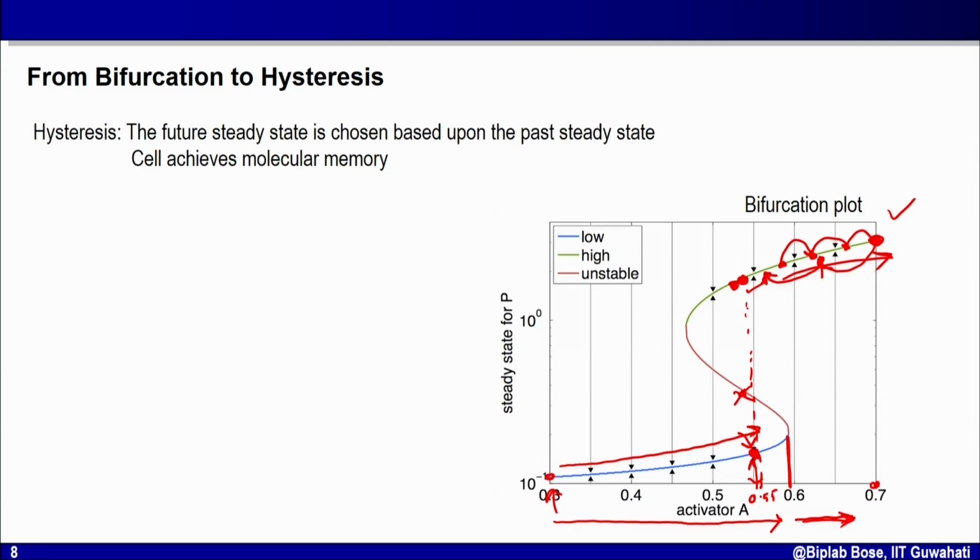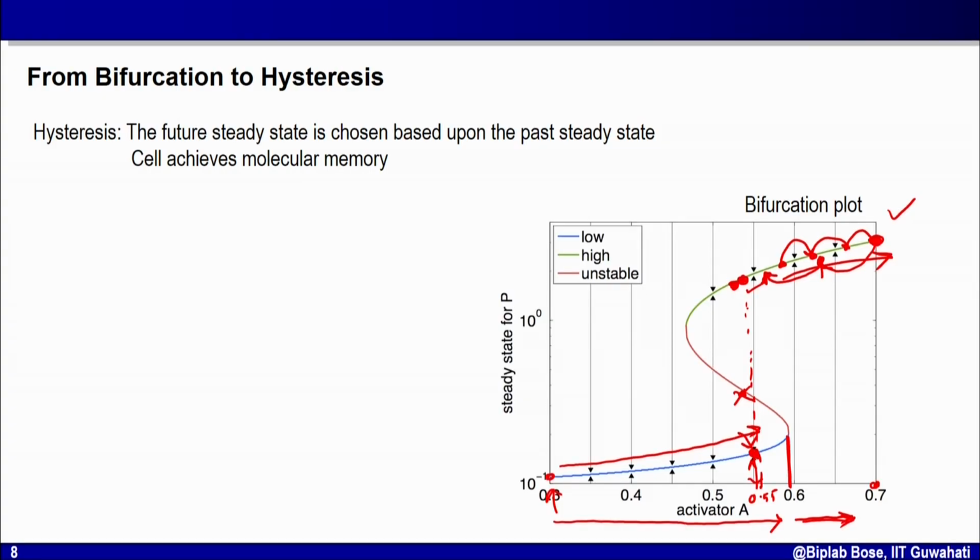So at 0.55, again the system has two steady states which are stable. One is the higher one, one is the lower one. The question is, will it stay or will it jump to the lower one? In fact, if you look into the direction field or phase plane plot for this type of problem, you can easily understand that as the system is already on a stable steady state, it will not jump into the lower blue line, rather it will remain on this green line.